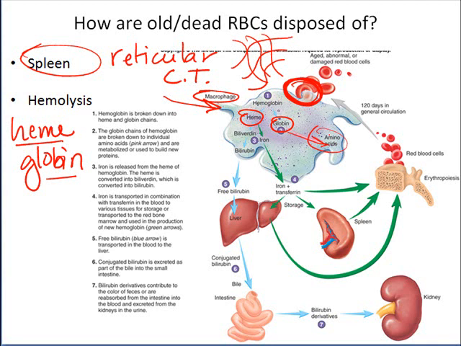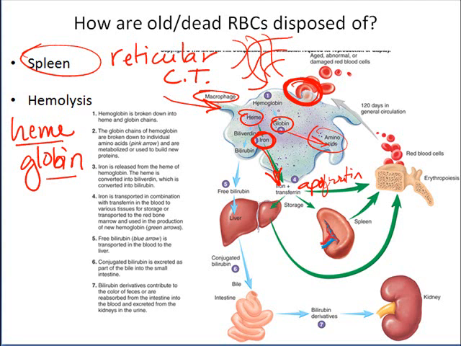The breakdown of the heme group is a bit more complex because that heme group contains an iron atom and it has all of these carbons and hydrogens associated with that iron atom. So the process of breaking that down involves the use of several enzymes. One of those enzymes will strip off the iron atom, attach it to that transferrin or that apoferritin, which is that transport molecule in the blood, and then we can shuttle that iron back to the liver for storage or directly to the bone marrow to make a new red blood cell, whichever is needed.